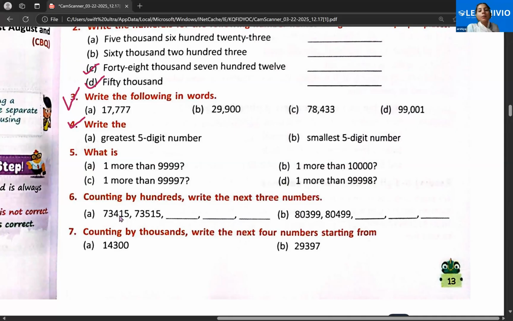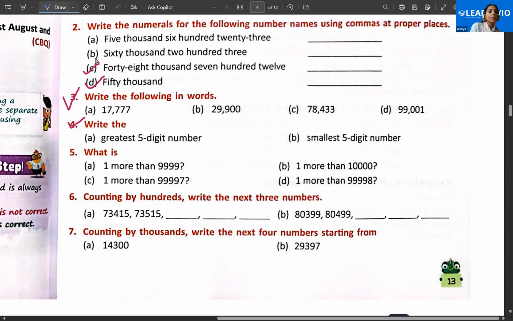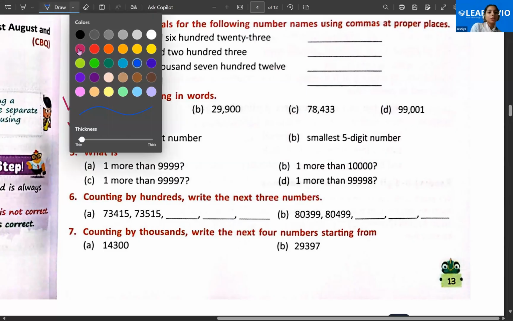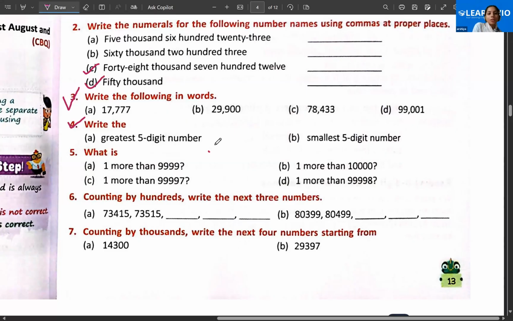Okay. The question says you have to tell the answer. Basically, they are asking what will be the answer if we do this. So they are saying one more than 9,999. Basically, you have to add 1 to 9,999. Okay, let me also write this down. This is how we write it. And one more means I have to add, so I'll add 1.